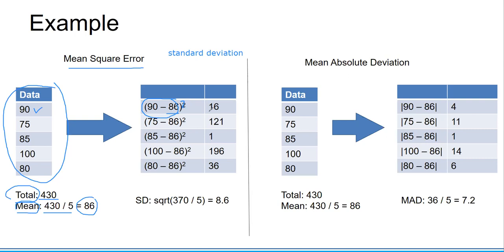So for example, 75 minus 86 squared will be 121, and so on. And we will do the sigma, so we will sum the squared errors, and we will take the square root. SQRT means the square root.